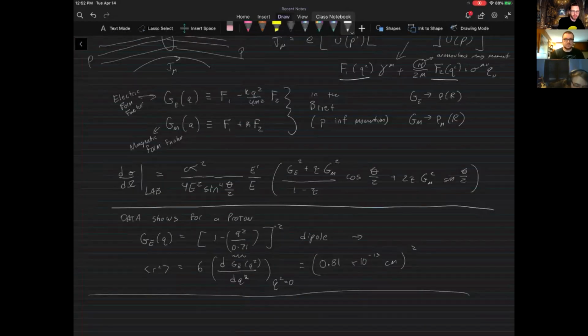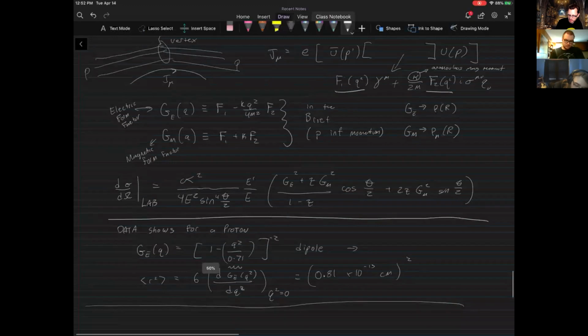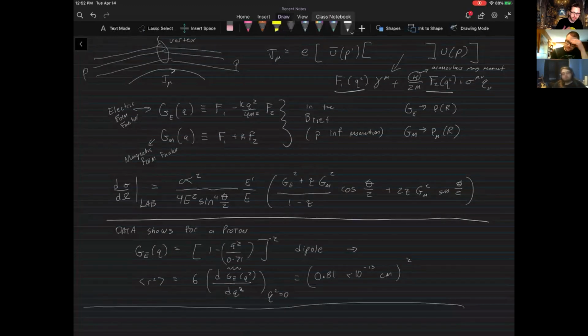So we ended last class talking about how to characterize scattering off of bound extended objects like a proton. We said that we could try to characterize that scattering in terms of these form factors, basically hiding our ignorance about what's going on in these form factor terms and just finding them experimentally.